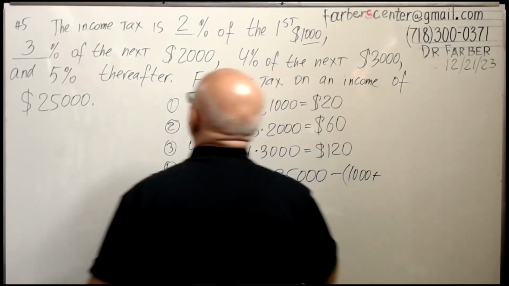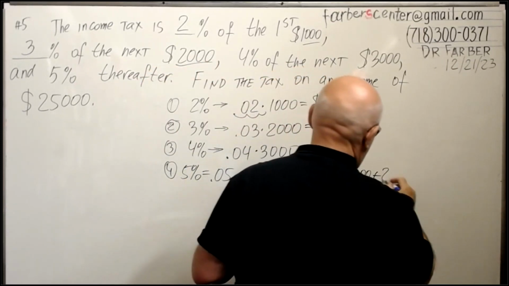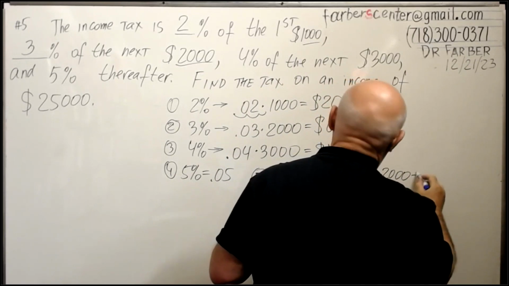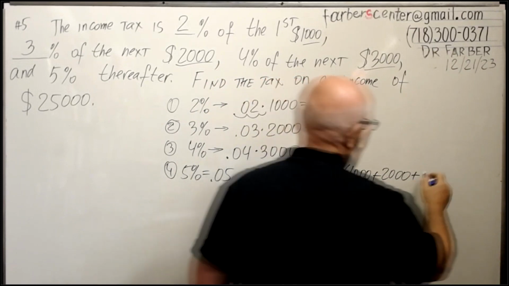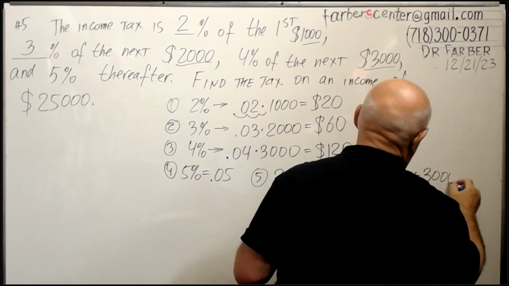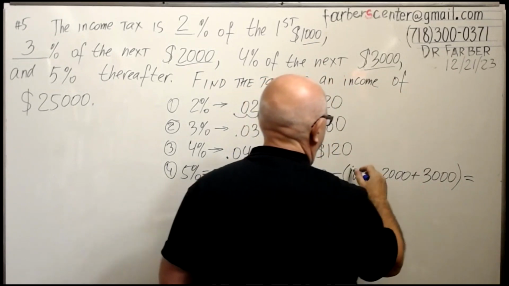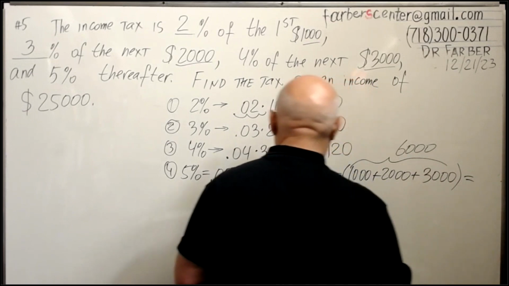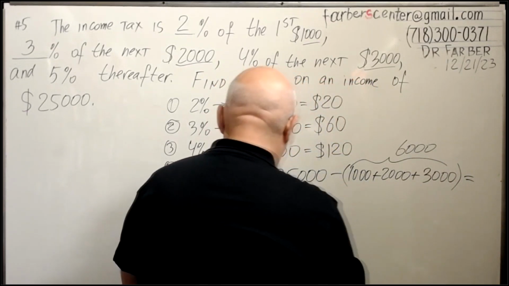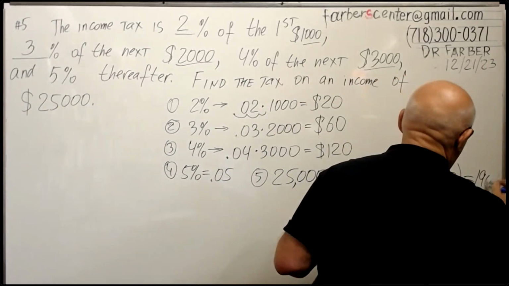What else? 2,000, right? Plus 3,000. It will be 6,000. 25 minus 6, it would be 19,000. $19,000.